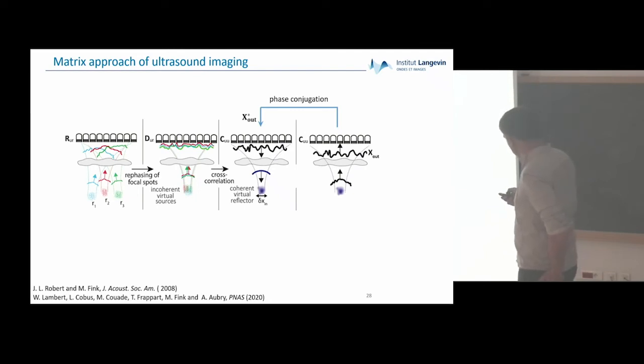And if you do that, you will compensate most of the aberrations generated by the aberrating layer, and then you will focus not perfectly, but in a much better way compared to before, on the coherent virtual reflector. And you can do it many times, okay?